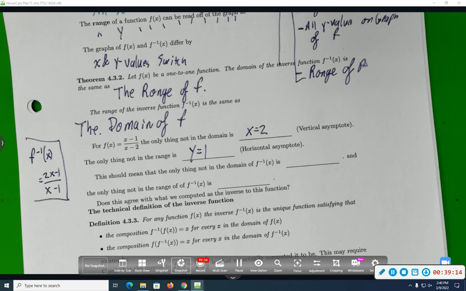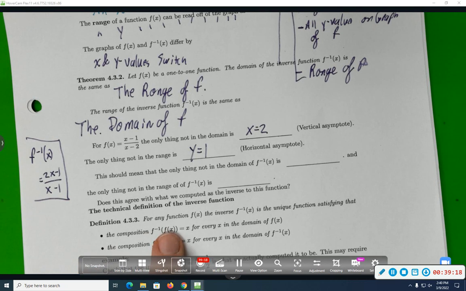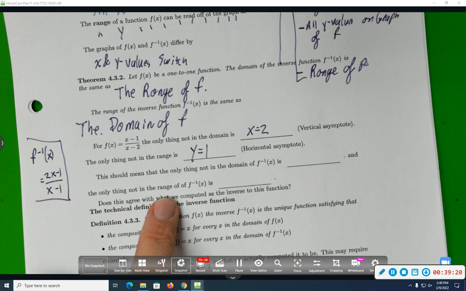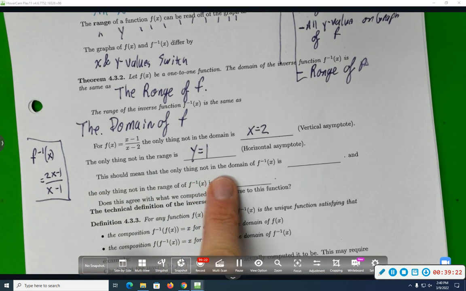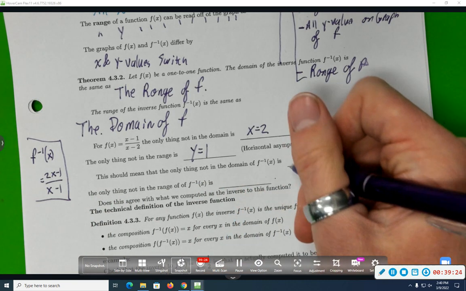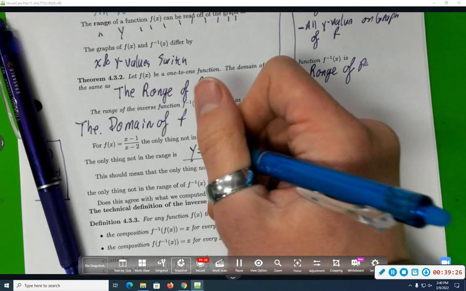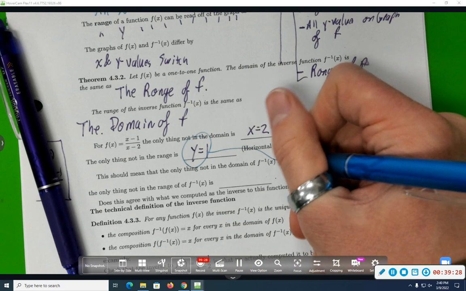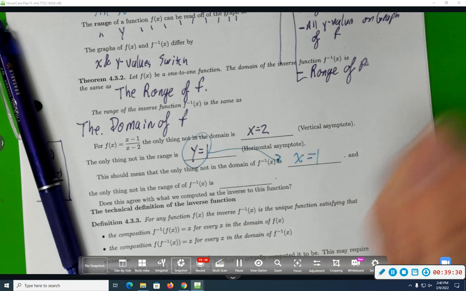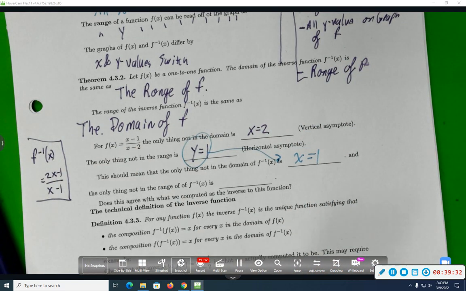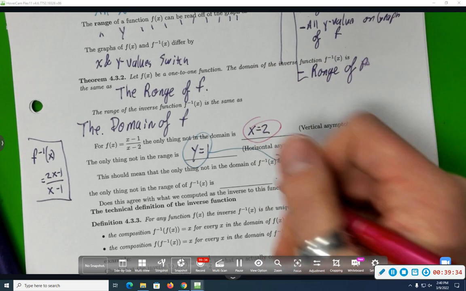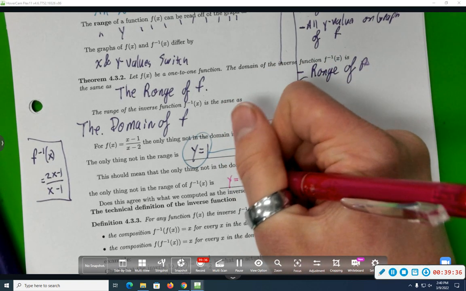Probably 1. 1. I'm doing this in the opposite order from how the paper does. Okay. So that should mean the only thing not in the domain of the inverse is this. The only thing not in the range should be y equals 2.